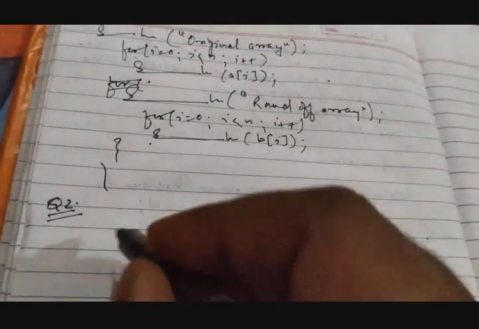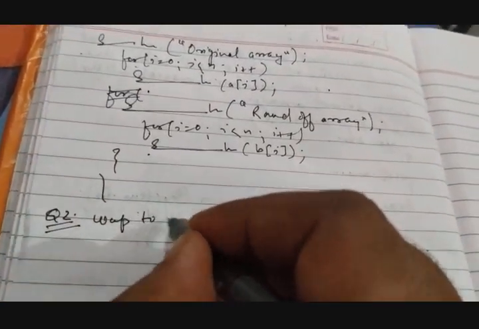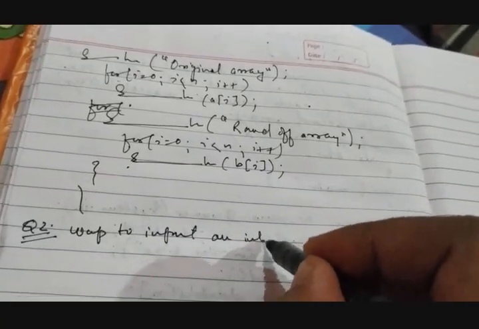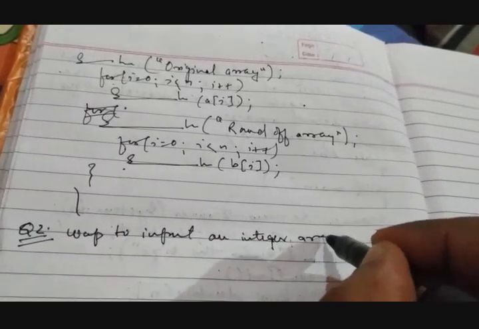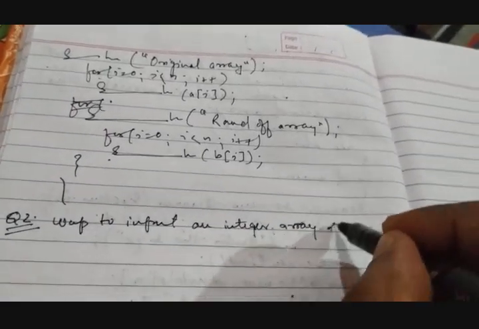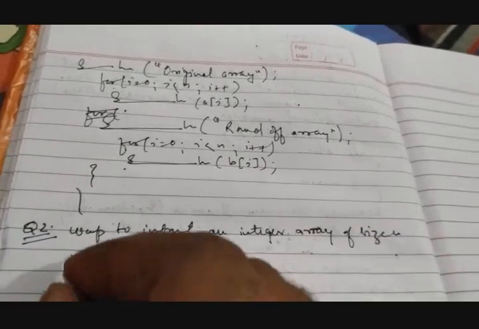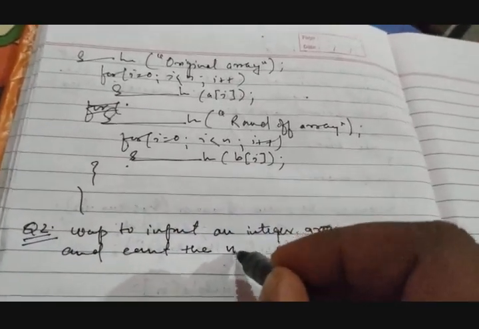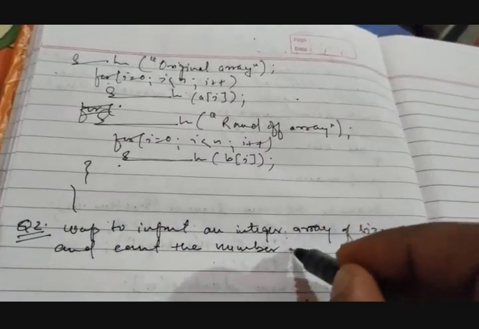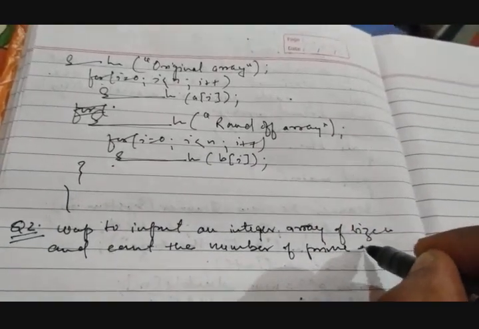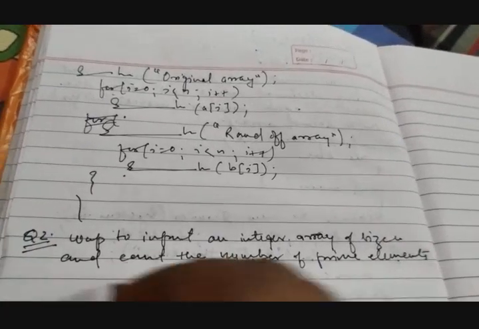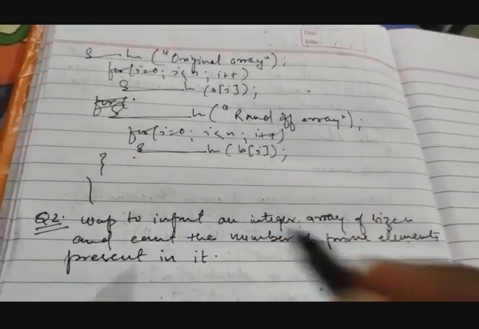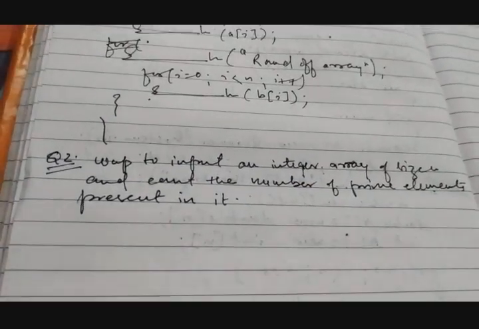So we have to input an integer array of size n and count the number of prime elements present in it. We need to count the number of prime elements present in it.